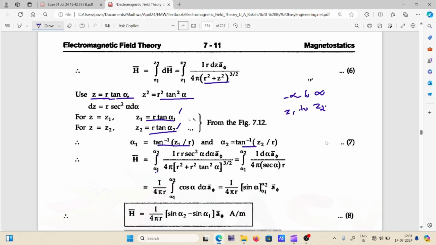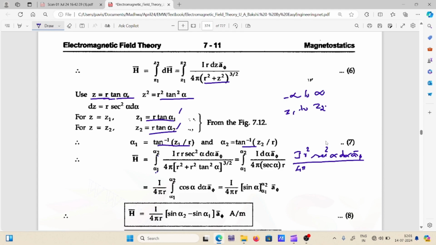And next, I r secant squared alpha d alpha a phi divided by 4 pi r squared plus r squared tan squared alpha. So here, when you multiply r and r, you will get r squared. The equation comes as I r squared secant squared alpha d alpha in the direction a phi divided by 4 pi.